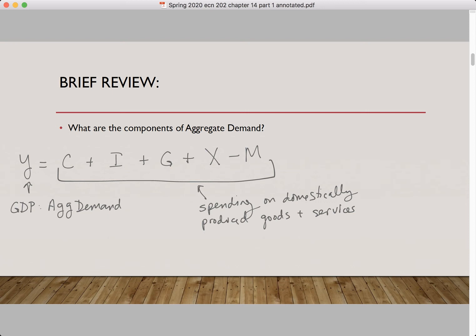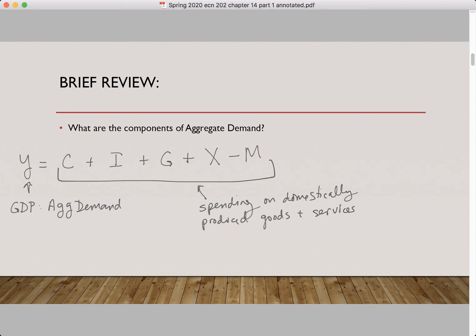Brief review. What are the components of aggregate demand? Well, you may recall that in macroeconomics, we use Y to represent GDP. And the three components of GDP are expenditure, which is what we're capturing here with aggregate demand, output, which is sale of goods and services by domestic firms, and also income being earned.